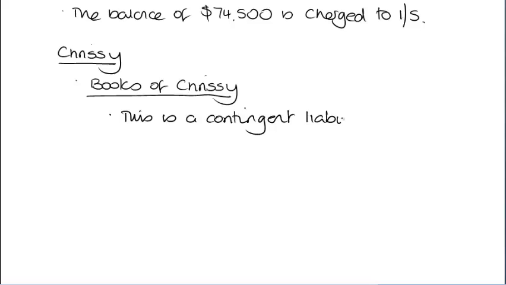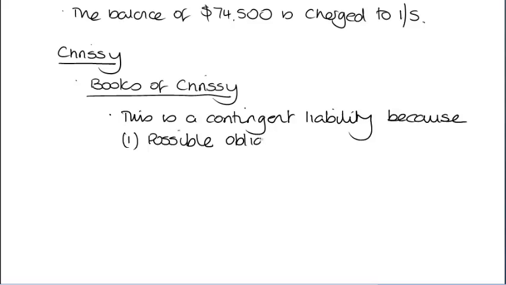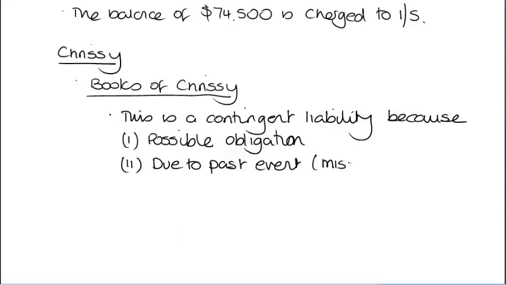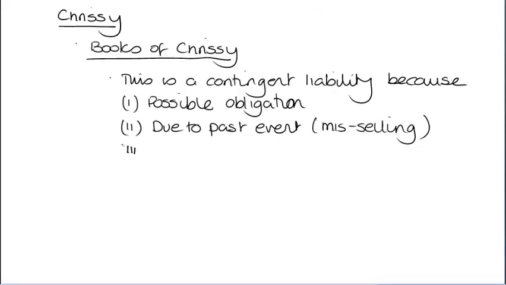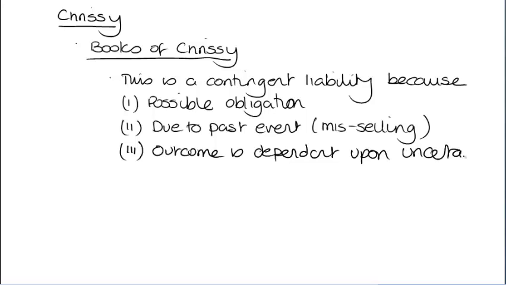This is a contingent liability because it's a possible obligation, it's due to a past event which was the mis-selling, and the outcome is dependent upon an uncertain future event.